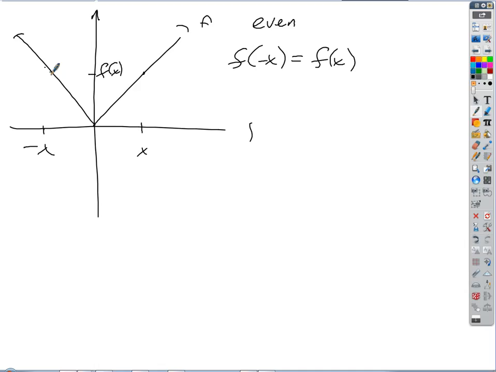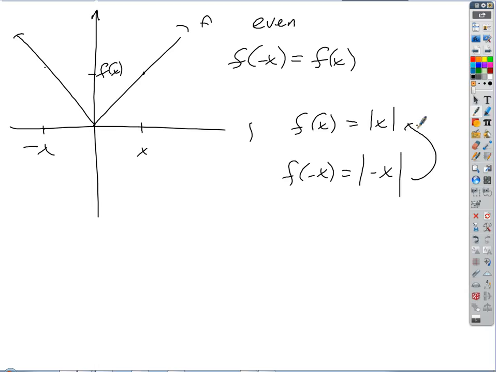It's going to have that kind of symmetry, right? That works, doesn't it? For an absolute value function. What if I put in a negative x? What's the absolute value of negative x? Positive x, right? It's the same thing I got when I put in a positive x, right? So it's got that even symmetry.